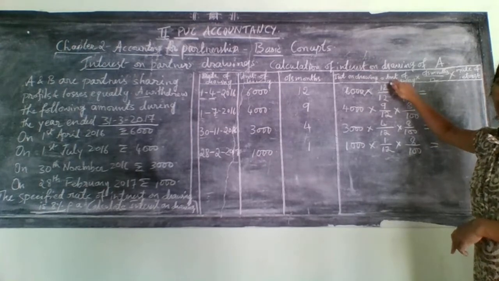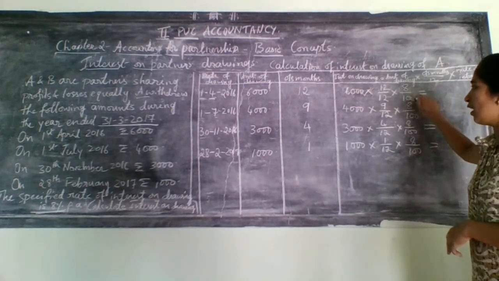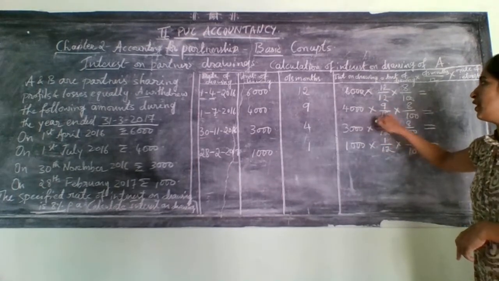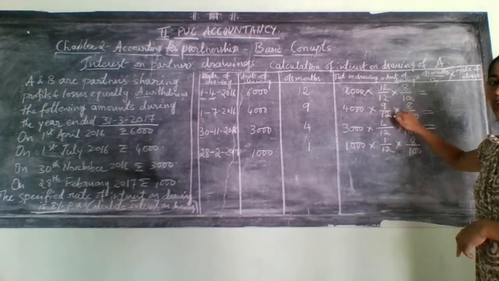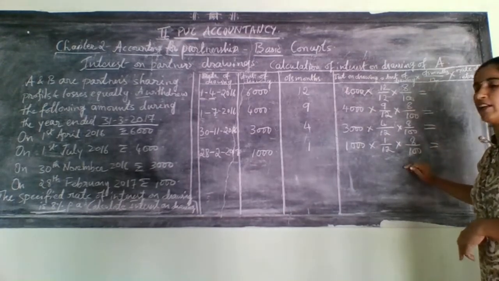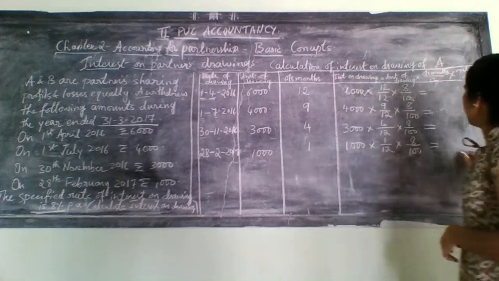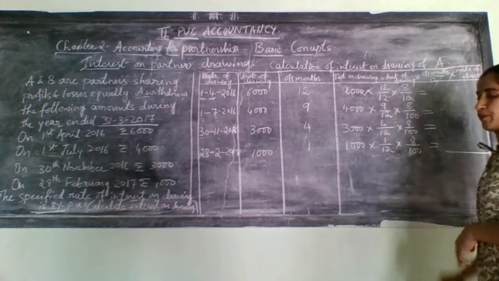6,000 into 12 divided by 12 into 8 divided by 100. Next one, 4,000 into 9 divided by 12 into 8 divided by 100. Like this, calculate for all the 4 months and then take a total of that.